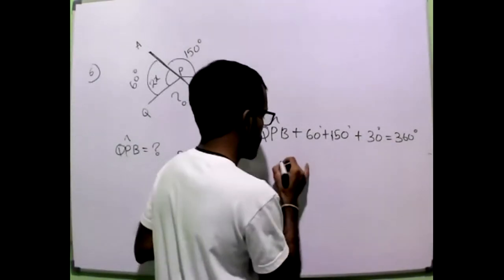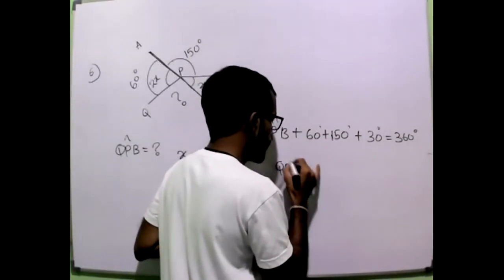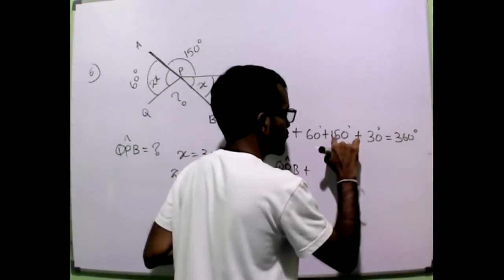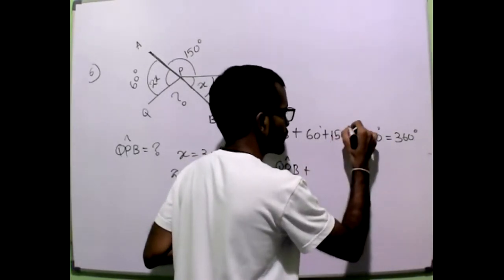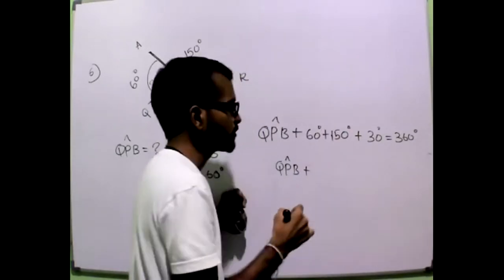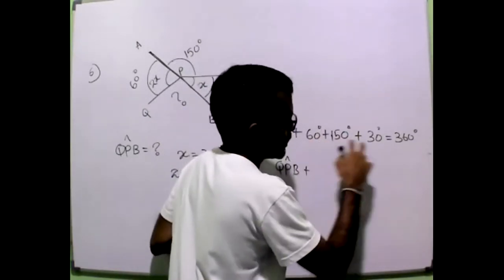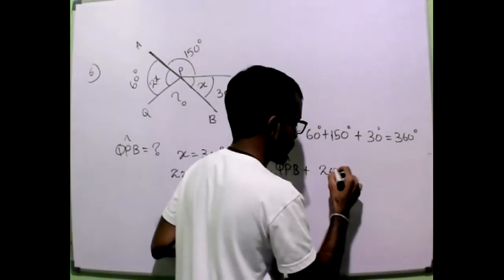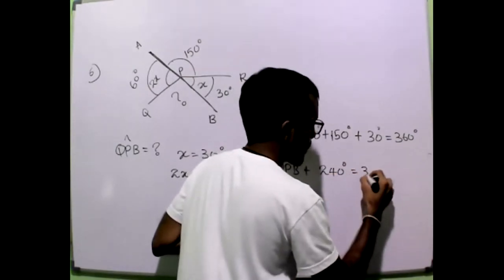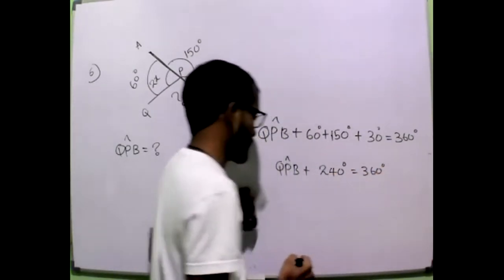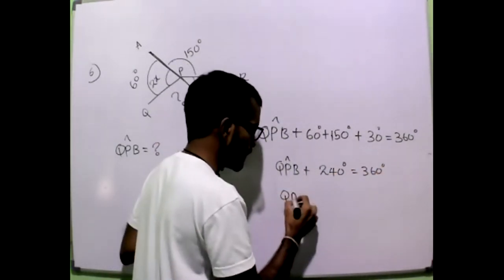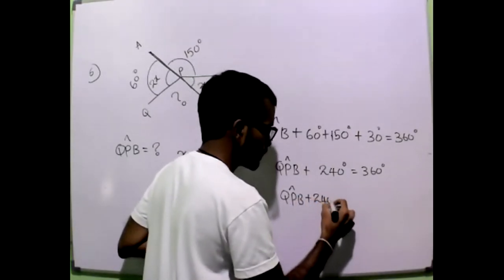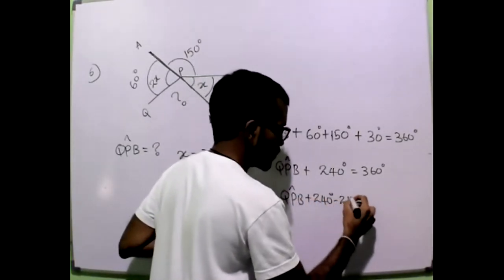So now QPB angle plus 60 plus 150 plus 30, that is 60, 90 and 240. So now QPB angle plus 240 equals 360.